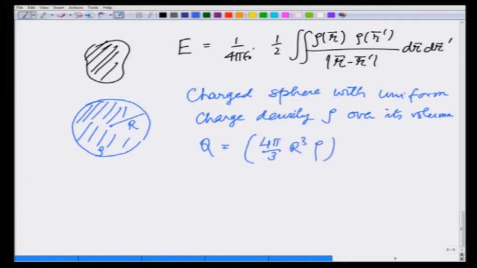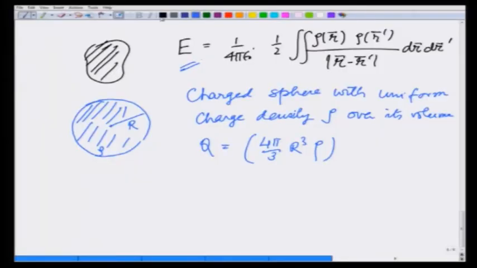If I were to calculate the energy, I will do it in two ways, so that you see the equivalence of assembling the charges and this expression that I have written above. Let us first take that I assemble the charges, so that in between, when I have a sphere of radius small r, I bring in the new charge, and that would be I add a small shell over it that also carries density rho and is of thickness dr. How much work have I done in doing so?